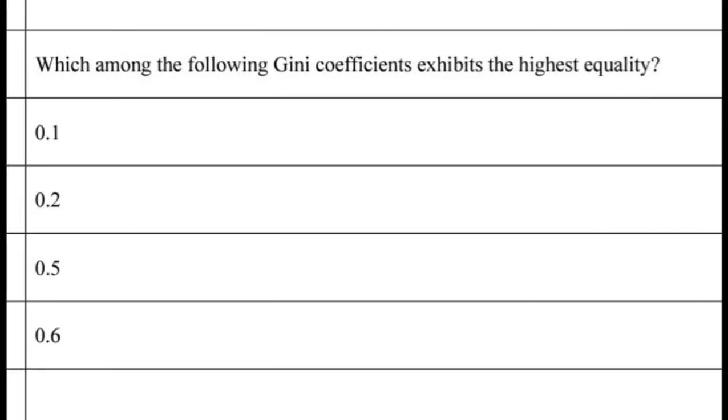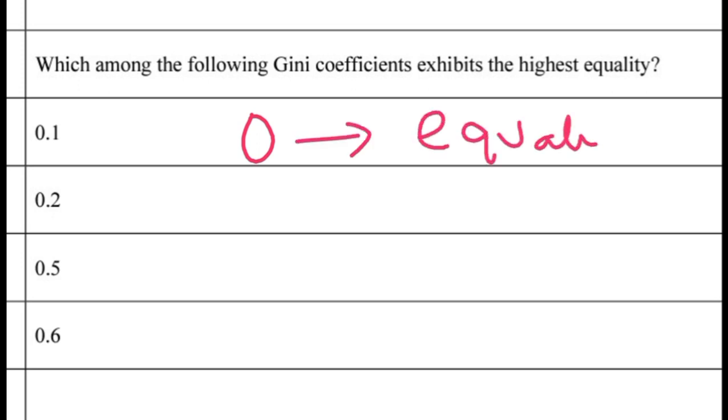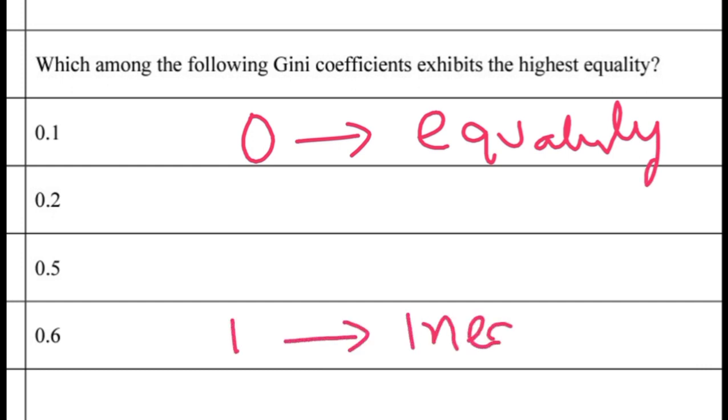Next question is which among the following Gini coefficients exhibits the highest equality? Options are 0.1, 0.2, 0.5, 0.6. Now in case of Gini coefficient, 0 denotes perfect equality and 1 denotes perfect inequality.